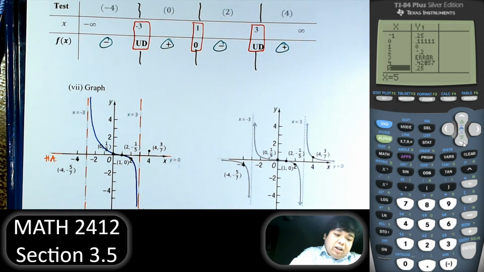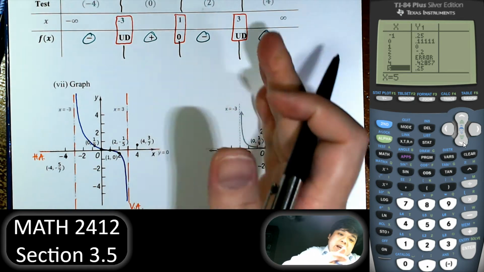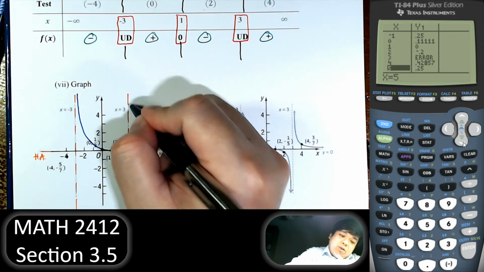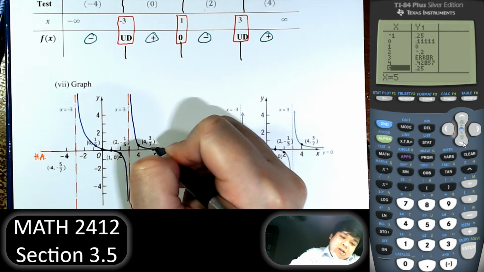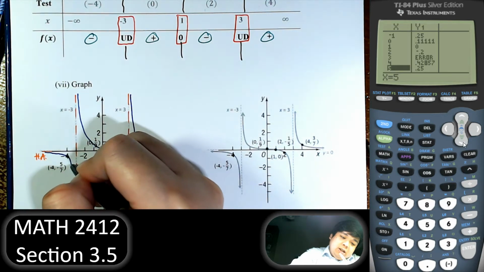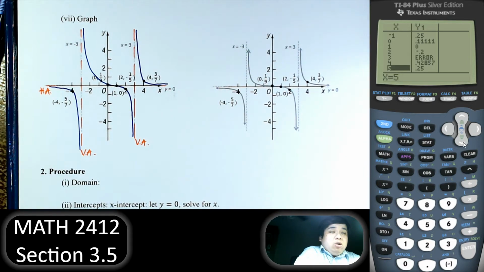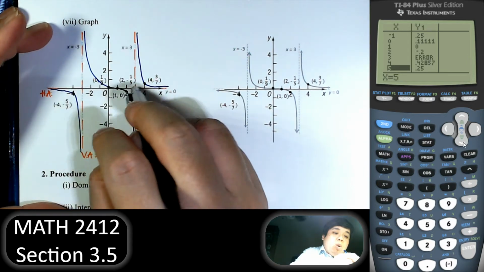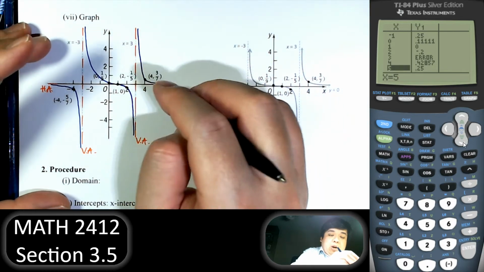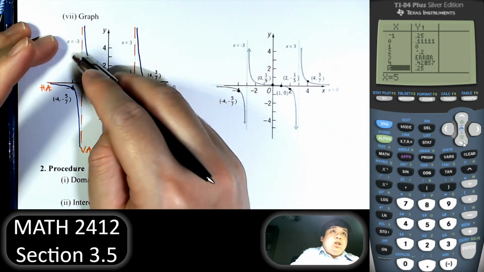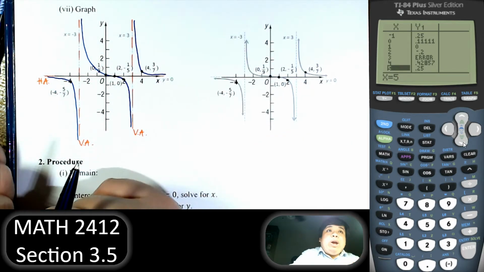And finally, from 3 to infinity it is positive, so it has to be that. So we have the vertical asymptote and horizontal asymptote first, and then we choose the points in between. We know the graph approaches the asymptotes. So that's what we have.